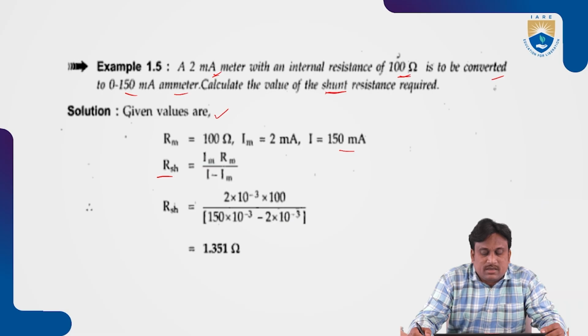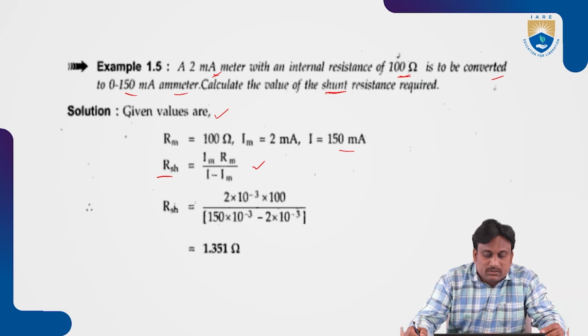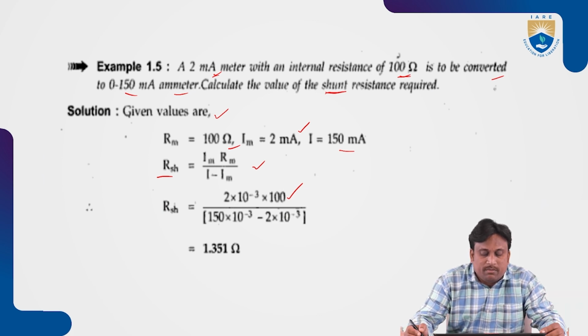RSH is IM RM by I minus IM. We already deduced this relation in the earlier class. Substituting, IM is 2 milliamps, that is 2 into 10 power minus 3, and RM is 100 ohms. I is 150 milliamps, that is 150 into 10 power minus 3, minus IM, which is 2 into 10 power minus 3.